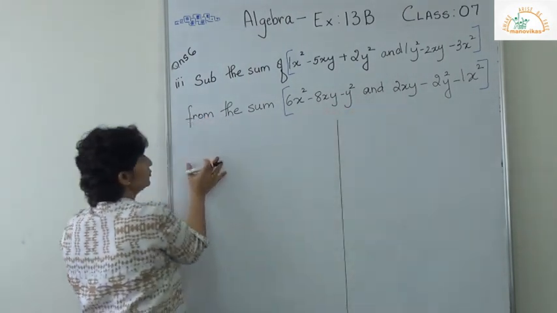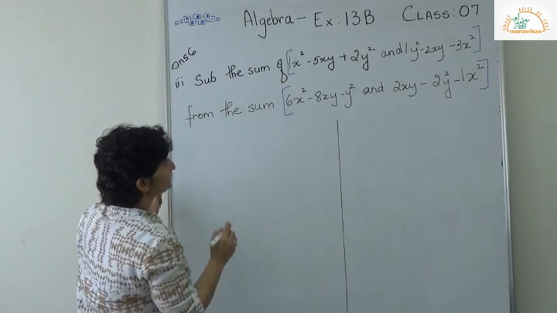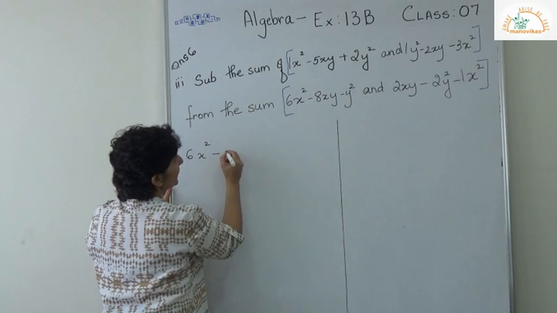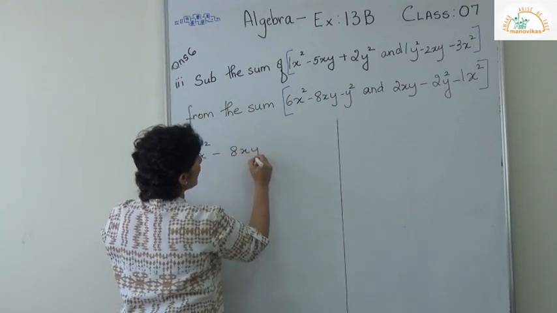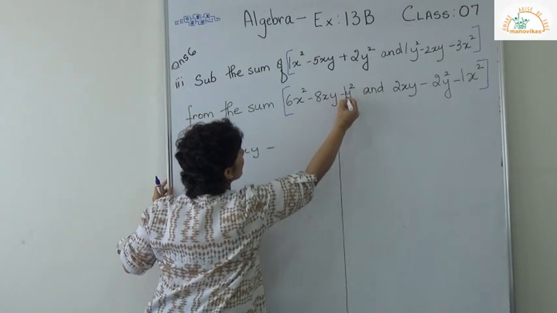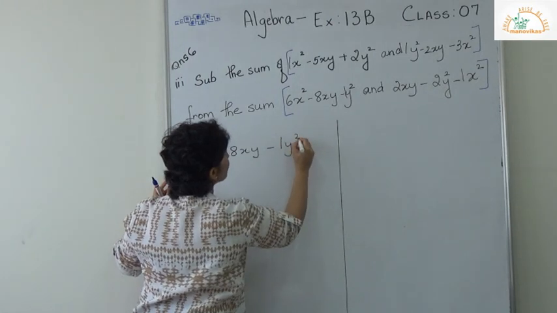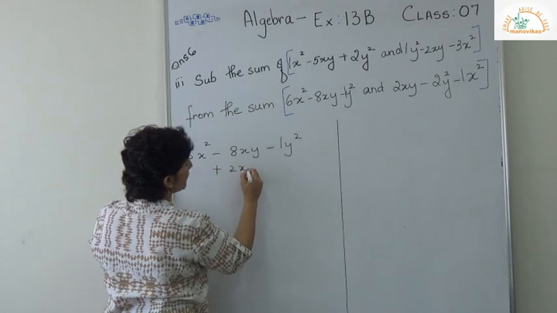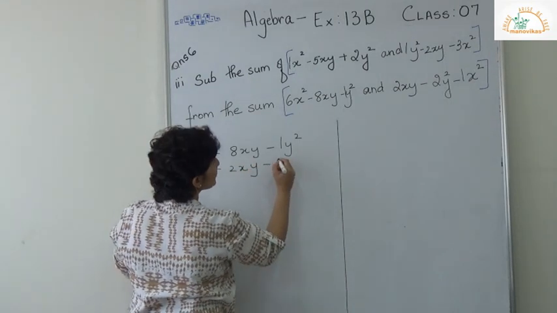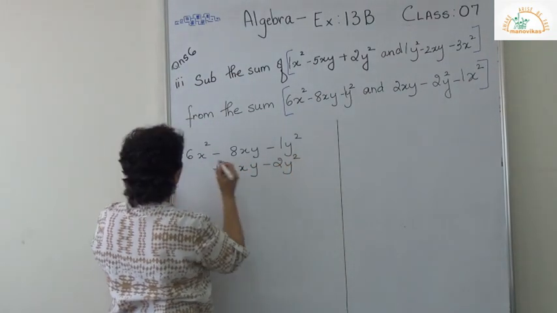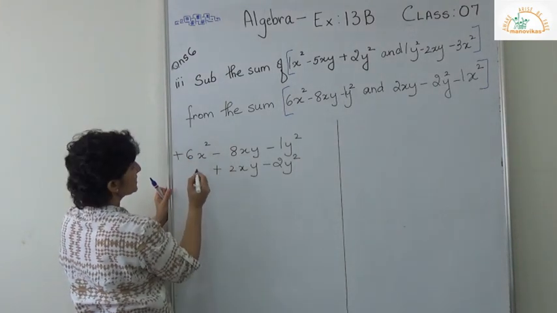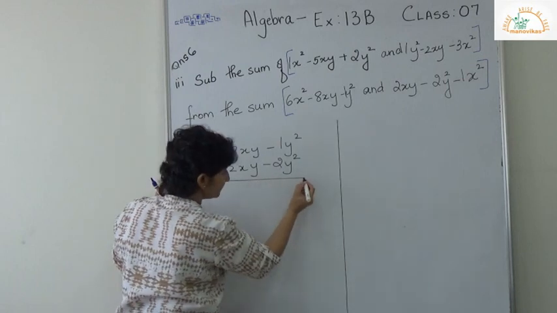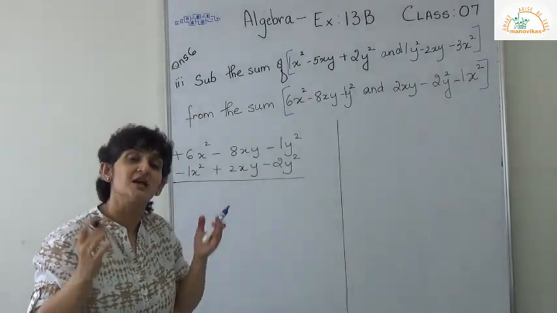So first let me do the second expression. So I have 6x squared minus 8xy minus 1y squared. Then I have plus 2xy minus 2y squared. When there's nothing, this means plus, so minus 1x squared. Find the sum. So sum means to add.